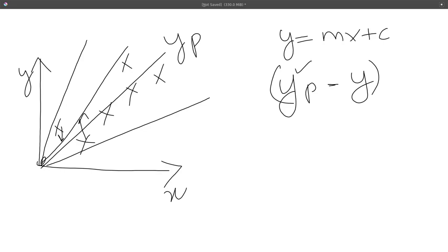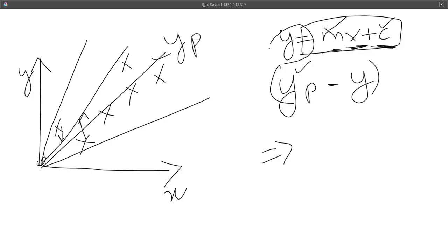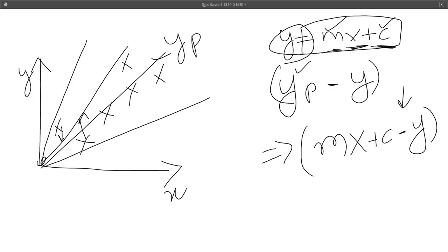So what is y predicted? y predicted is mx plus c, because we are finding c using this line, and using these m and c values for a new value of x, we are finding the y, right? So the distance is mx plus c minus y. We want to minimize this distance as much as possible between y predicted and y real, right?